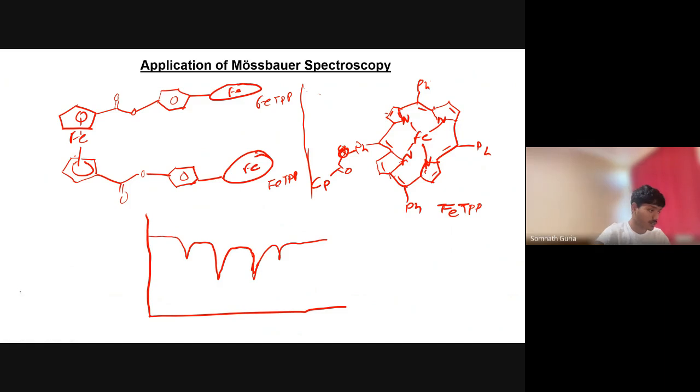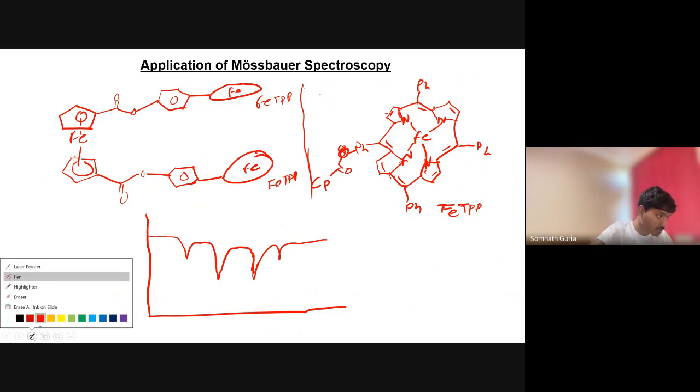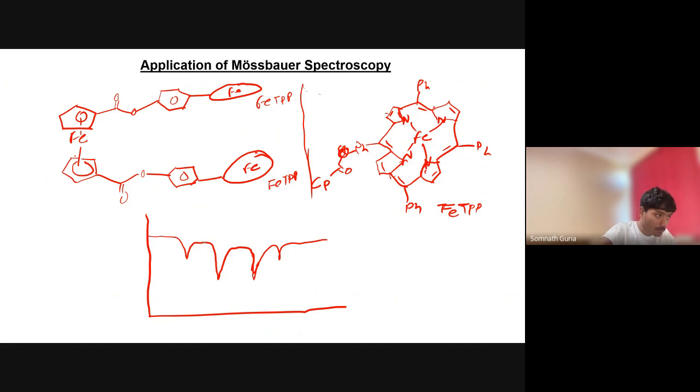Now there are two parts. I can draw it properly with a different color. Here is one part with a blue line, and the other is the red line. So we have a delta value over here, one delta value here.